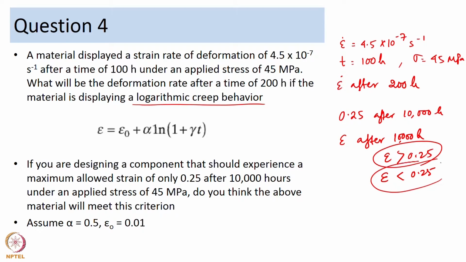If it is less than 0.25, then your component is going to survive 10,000 hours of operation. So, basically these are the two parts. First part is find out the strain rate of deformation after 200 hours. The second part is find out the plastic strain after 10,000 hours of operation and check whether it is meeting the required performance of only 0.25 plastic strain. We are going to solve this on the next page.